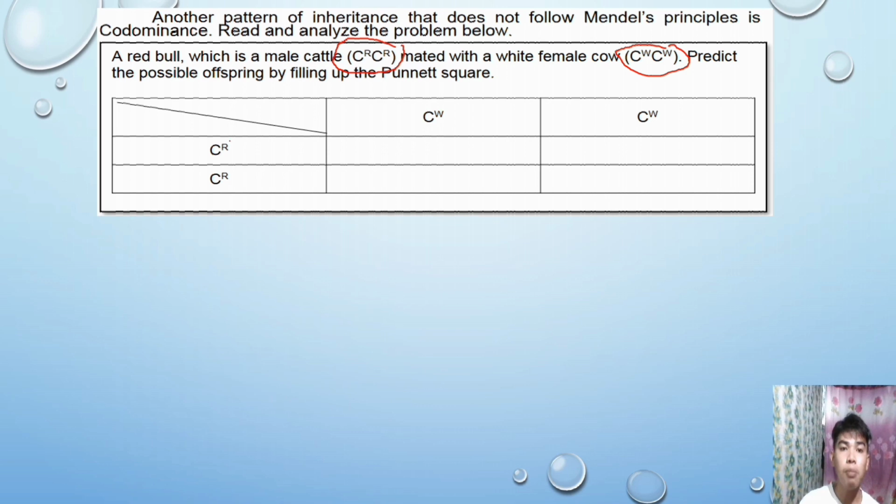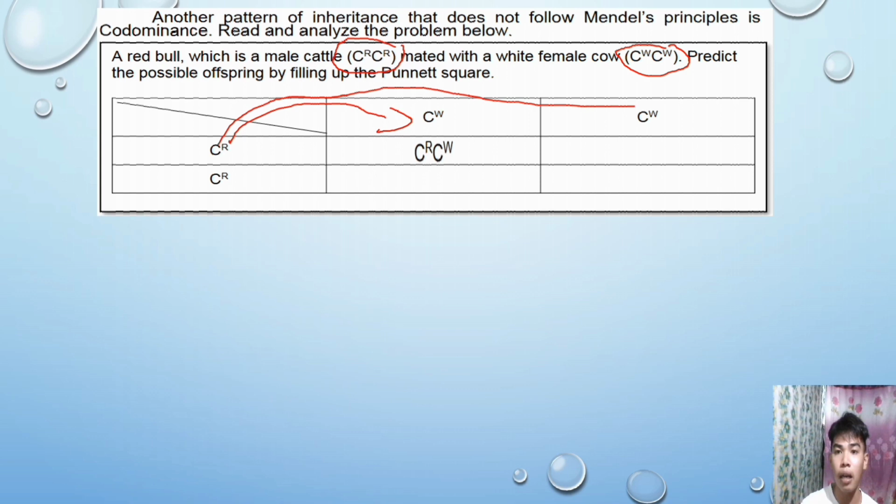So the cross between this allele and this allele will result in a roan cow. Then another cross between this and this allele will result in another roan cow. Next, we cross this with this allele, which results in another roan cow.